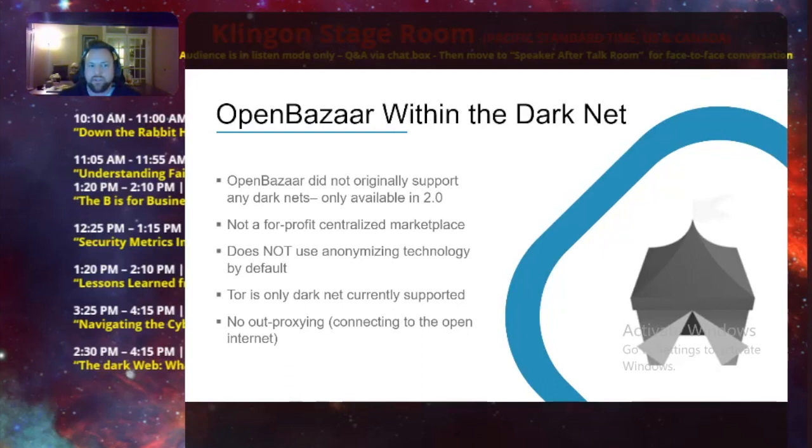The other thing I wanted to touch on, specifically with OpenBazaar, that we saw within the Tor environment, is that darknet markets in OpenBazaar are different. In a darknet market, the marketplace operator is going to be taking on the most risk by running that marketplace.